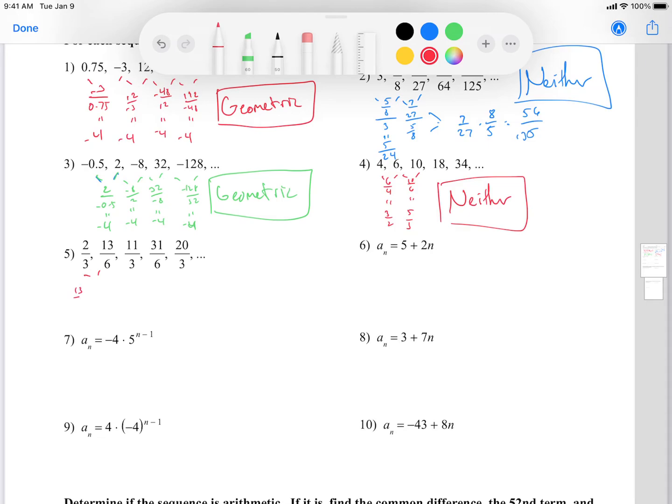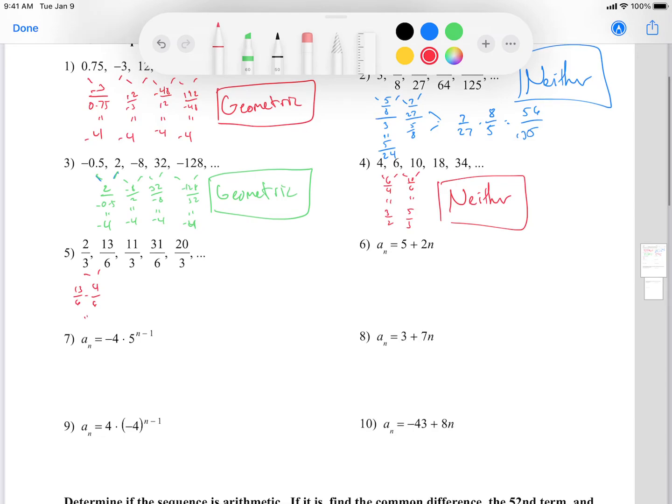If I take 13 over 6 and subtract 2 over 3, which becomes 4 over 6, the common difference becomes what, 7 over 6? No, 9 over 6, which is the same thing as 3 over 2.